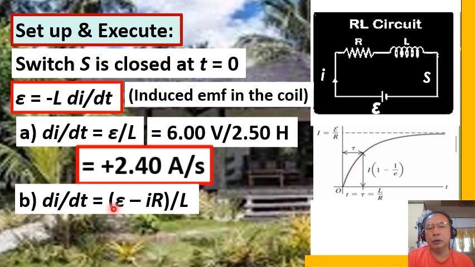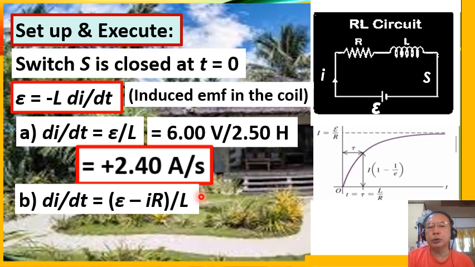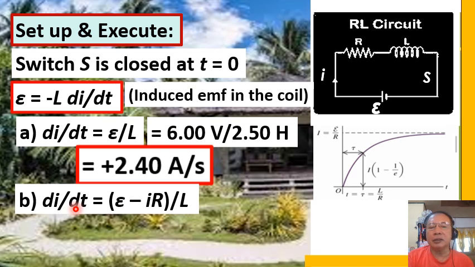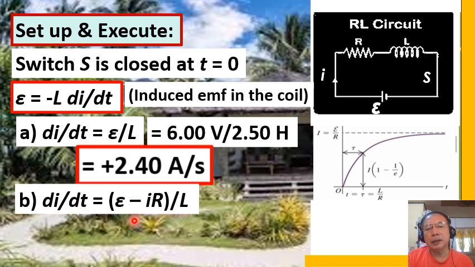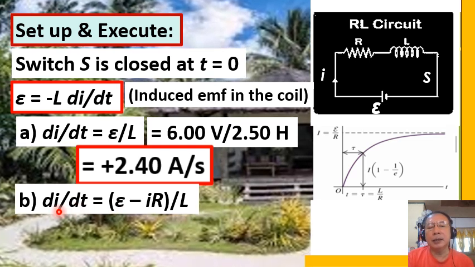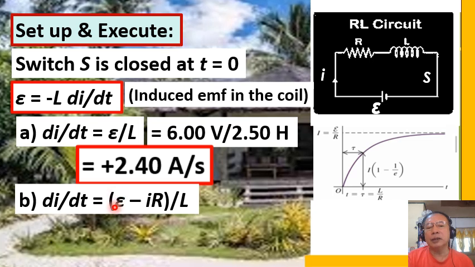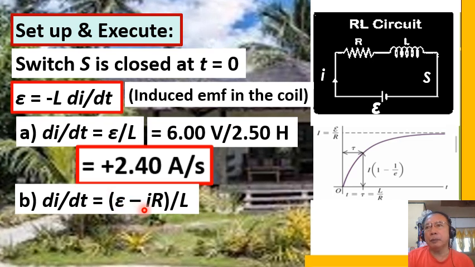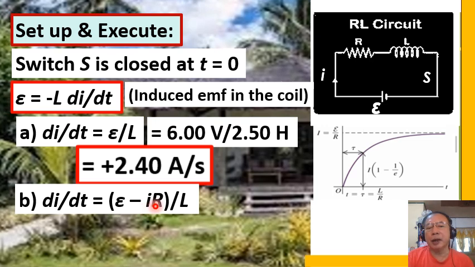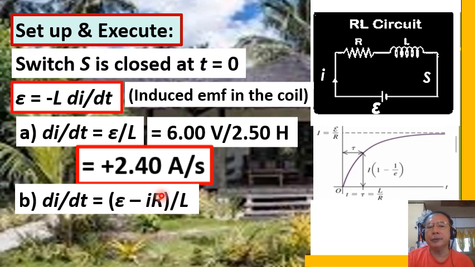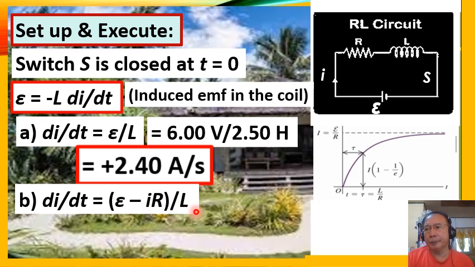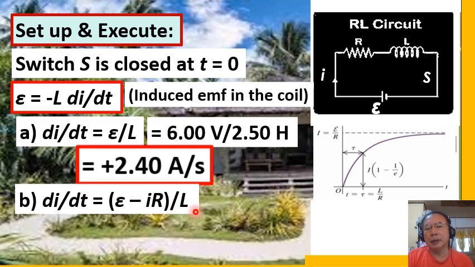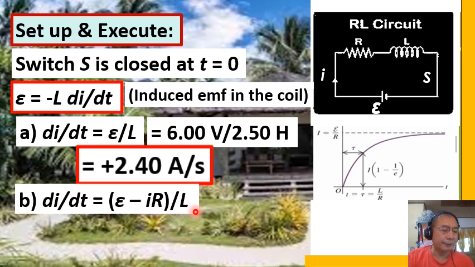And the equation that we are going to use to find that rate of increase in the current is simply di over dt equals quantity EMF minus the product of the current, small letter i, and the resistance, big R, all over the given inductance, capital L.